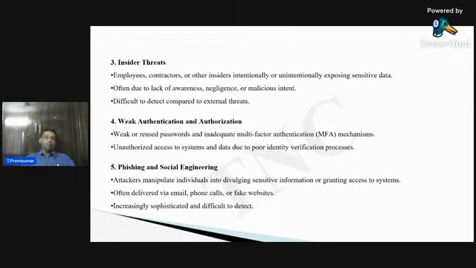The next one is weak authentication and authorization, that is, weak passwords as well as reused passwords and inadequate multi-factor authentication mechanisms. When multi-factor authentication keeps being asked, we can restrict data access by using it.